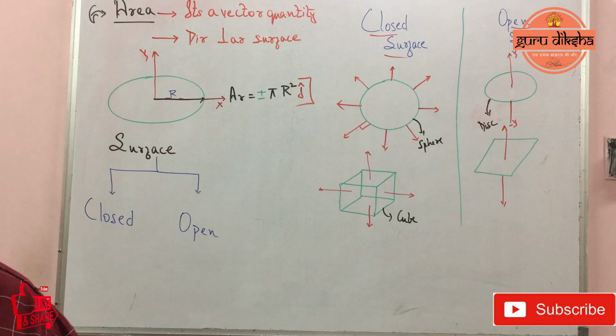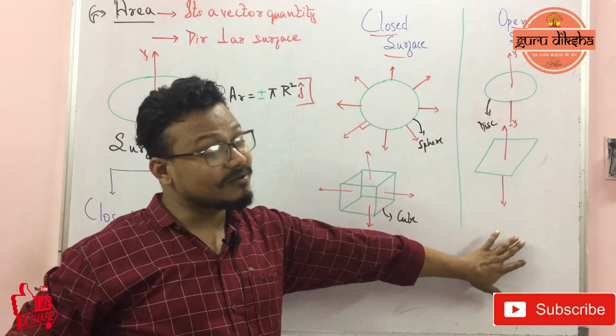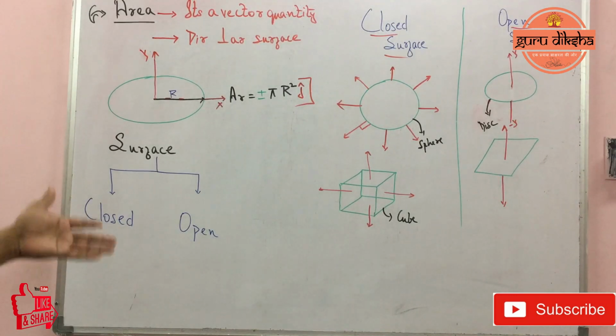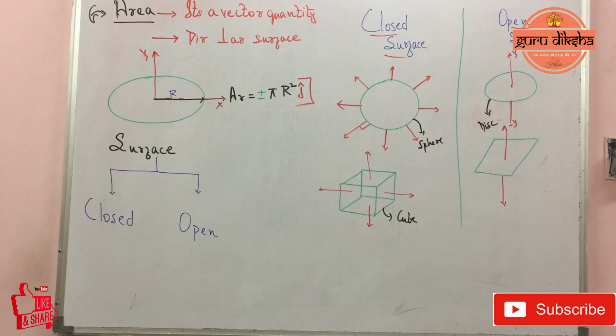This is the vector form. For an open surface, we consider one perpendicular direction for the area vector direction and stick to it for the whole problem. But for a closed surface, what will happen?